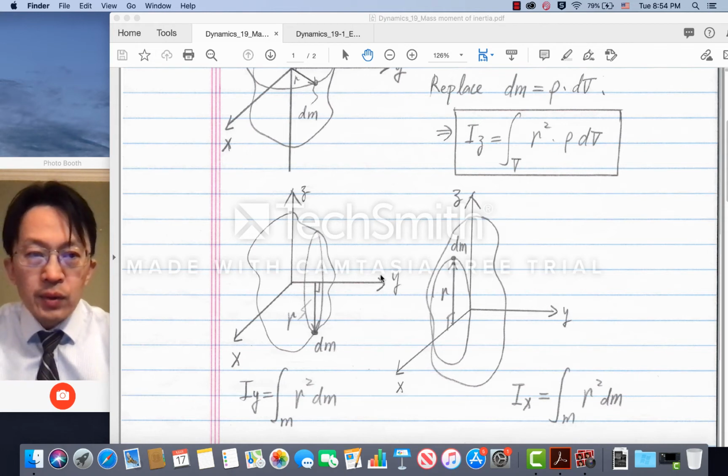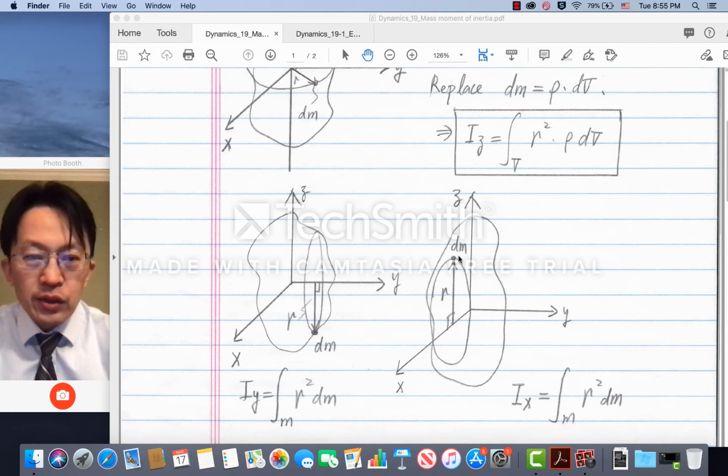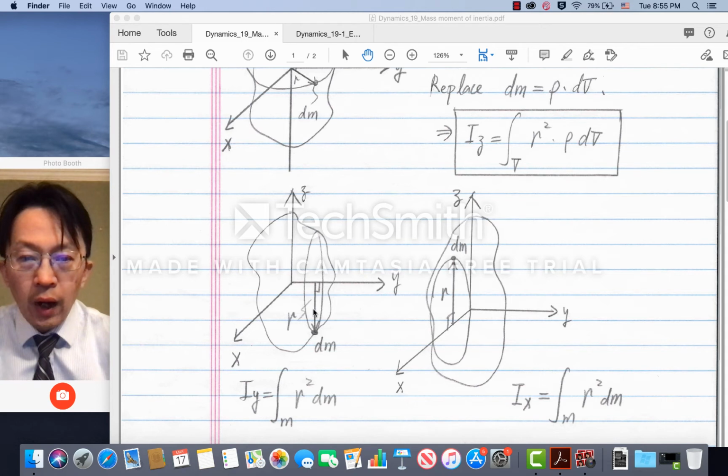However, in both cases, r squared must be the square of the distance perpendicular to the respective axes. For Ix, the r is measured as shown here. For Iy, the r is measured in this case.